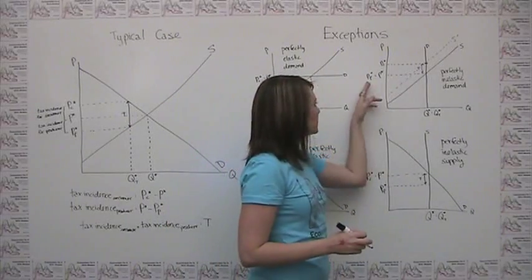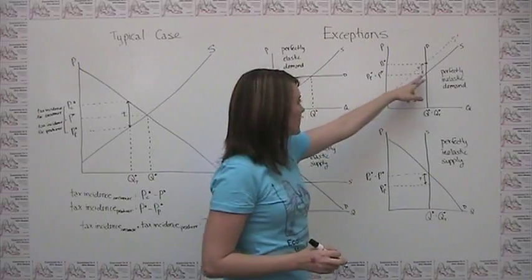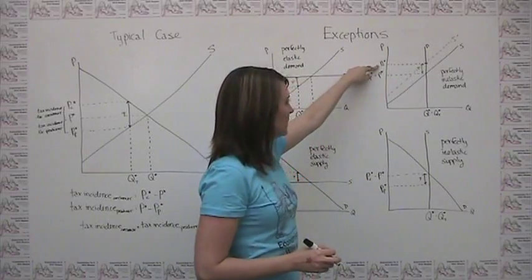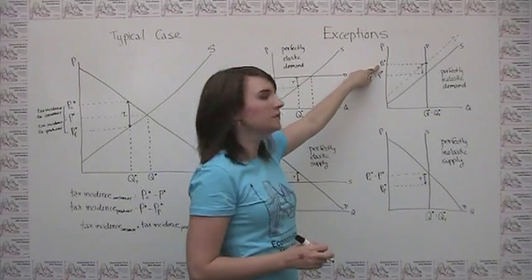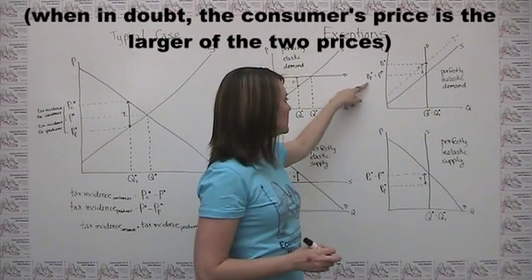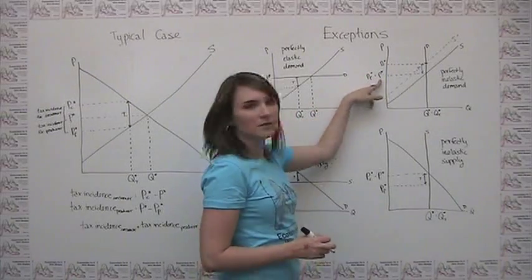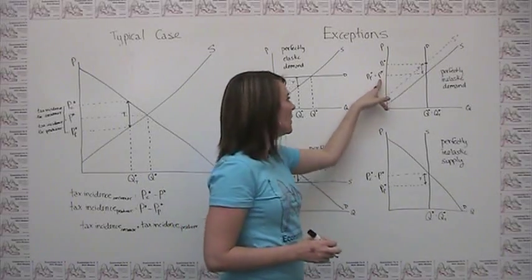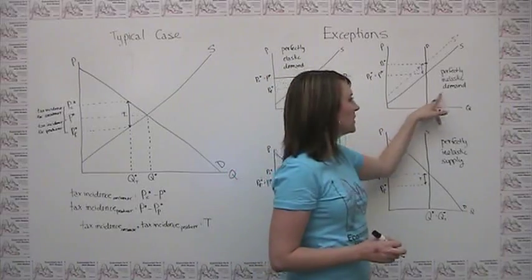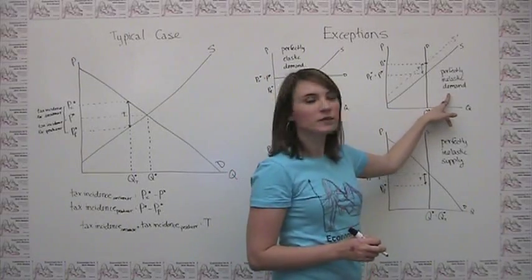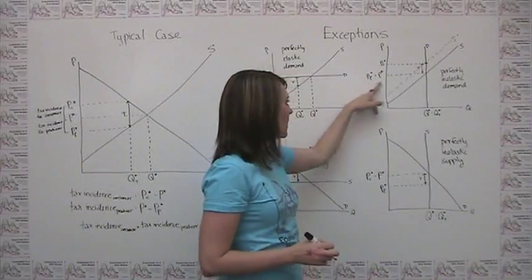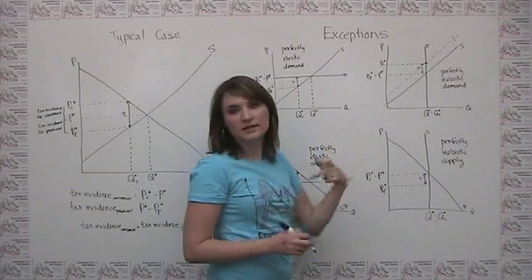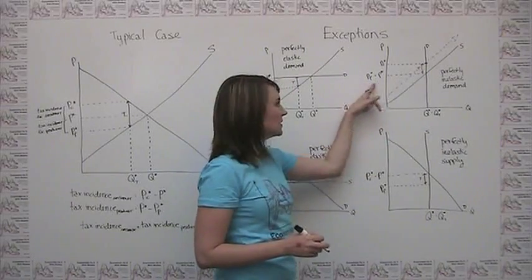We notice in this case that the price to the consumer ends up being up here, and the price to the producer is the same as the original price before the tax was put in place. Therefore, when we have perfectly inelastic demand, the tax incidence on the producer is zero, because his price is staying the same.